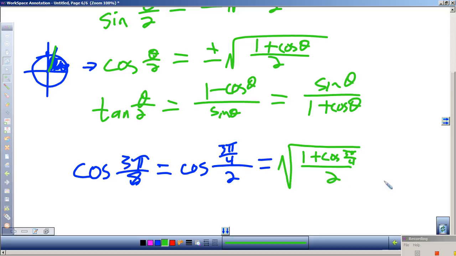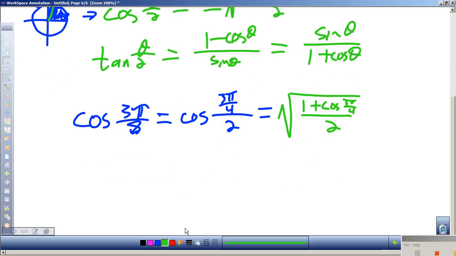I was thinking 1 minus, but that's for sine. What's the cosine of 3 pi over 4? Root 2 over 2.